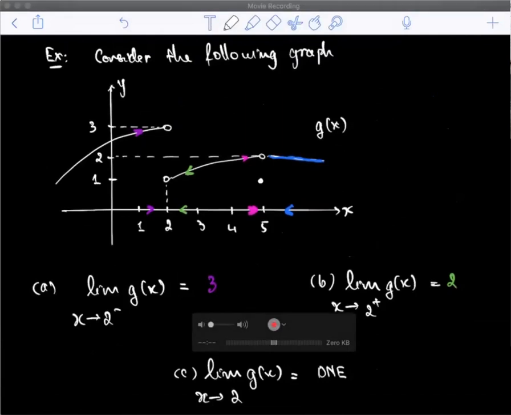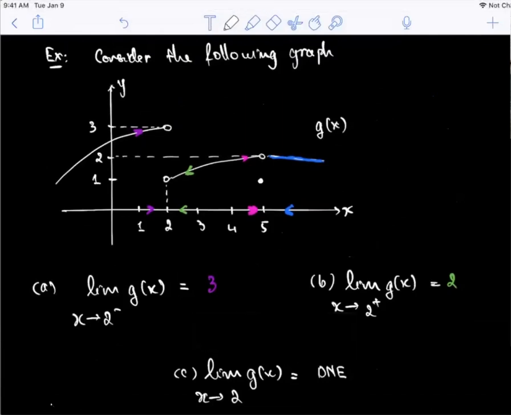Looking at this graph, you can find the limit of the function when x approaches a certain value. So in this case, approaches 2 or approaches 5. There are some cases where the function approaches infinity. You learned this kind of concept when you learned about horizontal asymptotes.